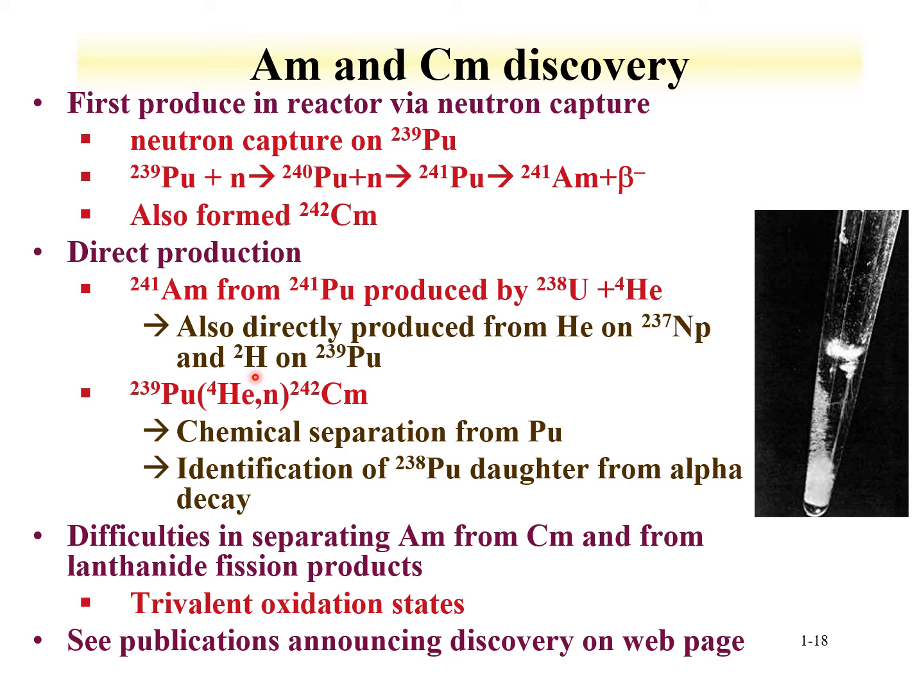The way we would write a reaction for the production of curium-242 is shown here, where one took plutonium-239, bombarded it with helium, a neutron would come out, and you would make this curium-242. The chemical separation from plutonium was achieved, and the curium-242 decayed to plutonium-238.